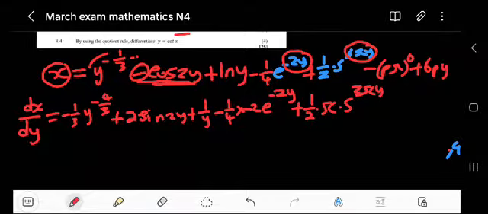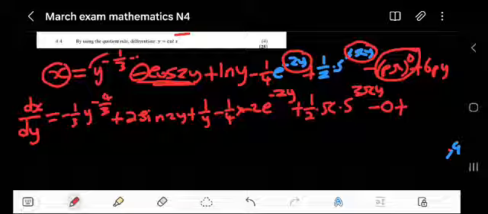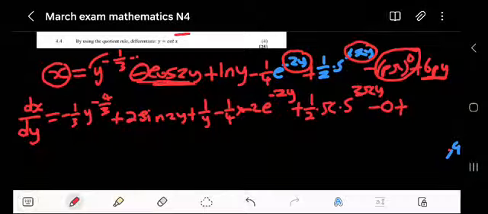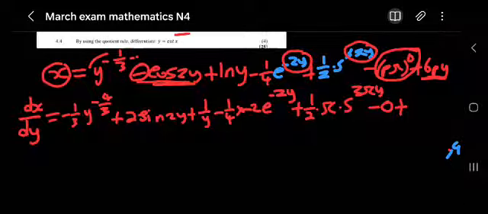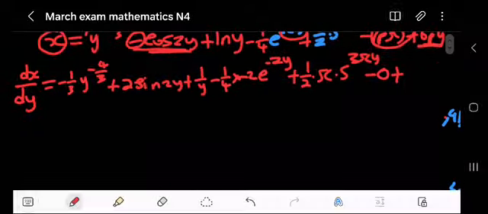Anyway, this will be 0 minus 0 plus. Take note, here we're supposed to apply the product rule. Let us try and apply the product rule here. We have 6 pi y, so we have to apply the product rule.